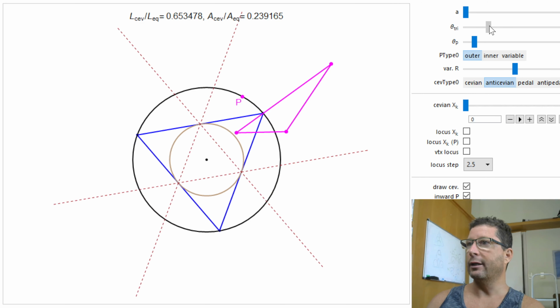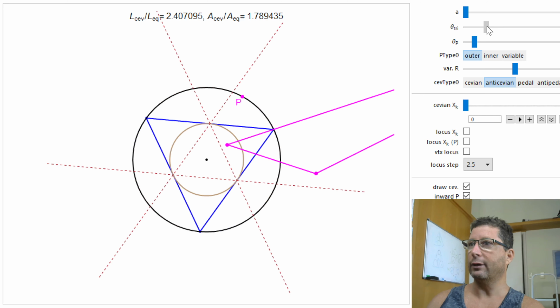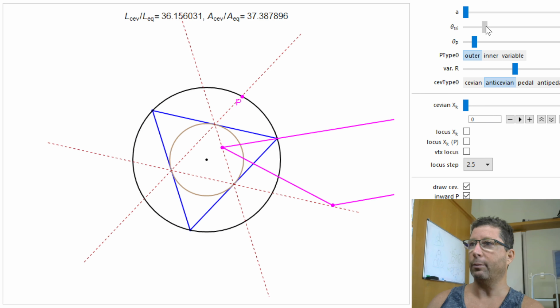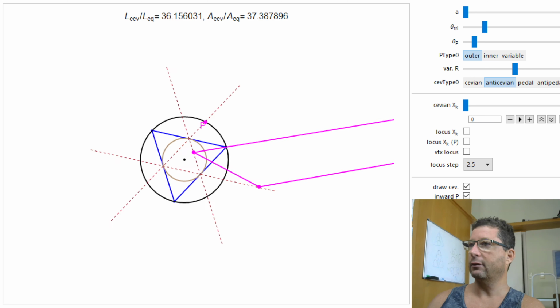You can see here that now the antipedal triangle is safely bounded, but if I rotate my family in such a way that P is contained in one of the midlines, you can see here that the antipedal is starting to get unbounded, right?